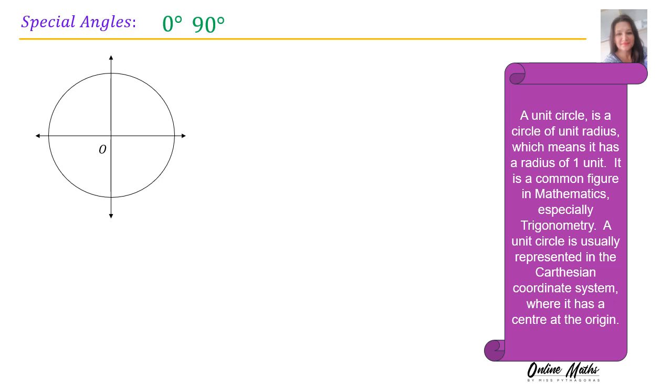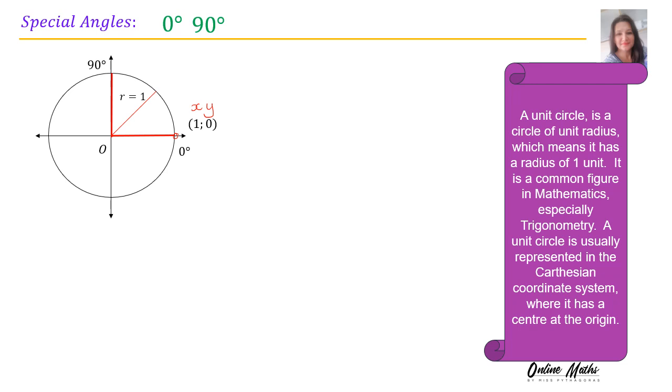So back to the unit circle. You find 0 degrees there and 90 degrees there. And then there is a radius and it's a unit circle, therefore your radius is 1. This distance is also 1, and then you find this point, which consists of a coordinate x, y, and the coordinate is 1 and 0.